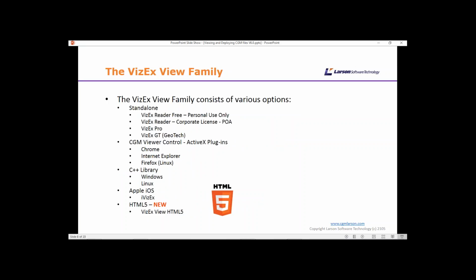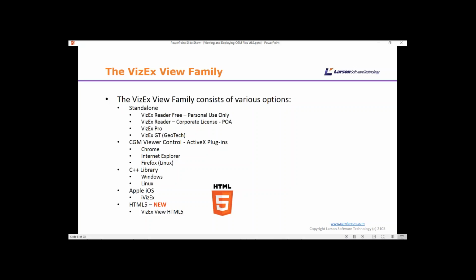It's only free for personal use, but there is a corporate license if you want to distribute it around your organization. Then there's VizEx Pro, which gives you more functionality. And there's a very specific version for oil and gas called VizEx GT or Geotech. We won't be showing that today, but if you're interested in that product, please contact Larson and they'll be able to help you out.